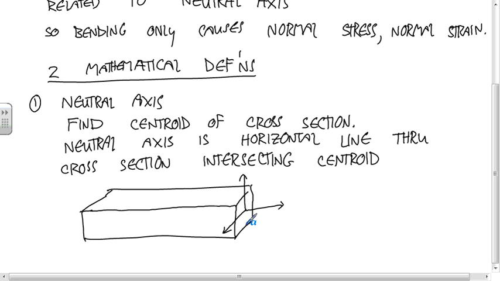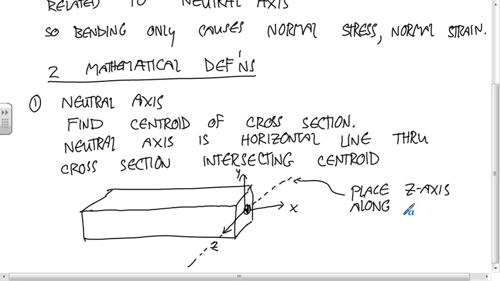Then the neutral axis is where the z-axis is going to be oriented. So this is the centroid. That's x, y, and z. Place the z-axis along the neutral axis. Okay.